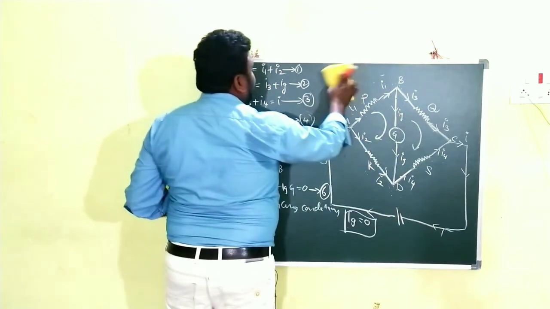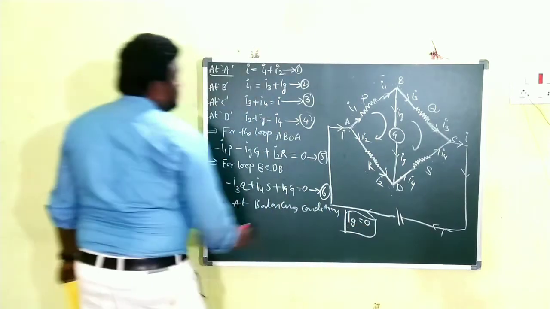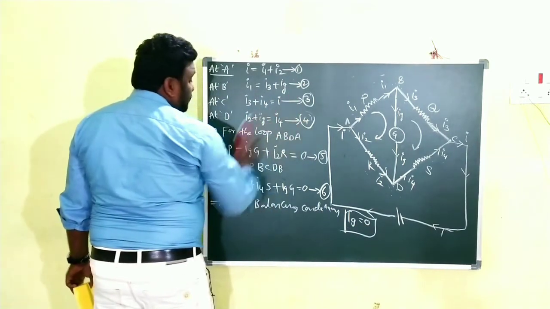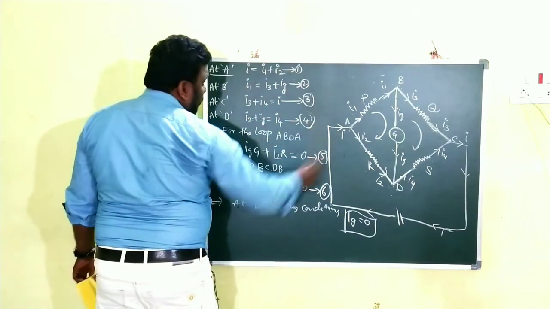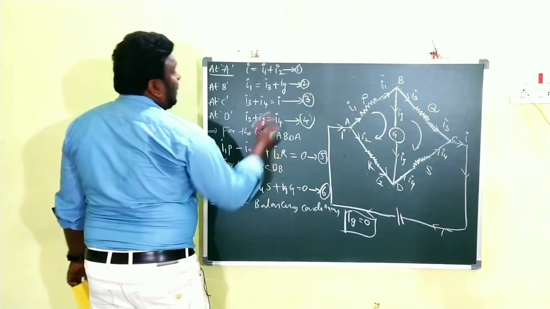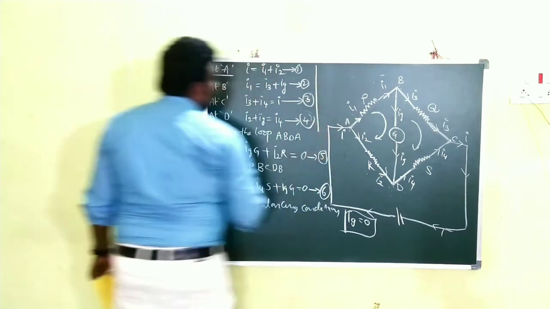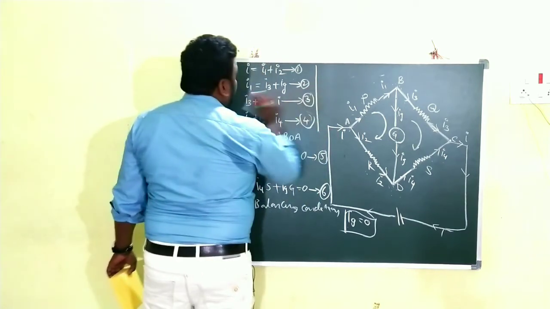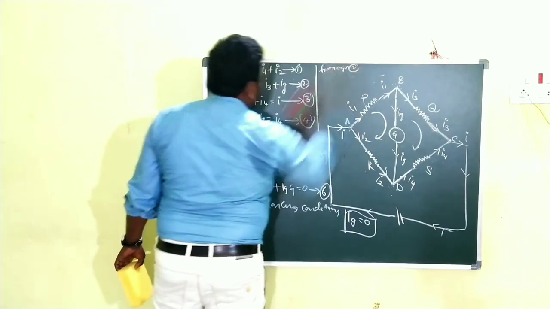So children, now we have to substitute the IC value in equations number 2, 4, 5 and 6. In the equations where we have IC, we have to substitute IC as 0. So from equation number 2, what do you write, children?